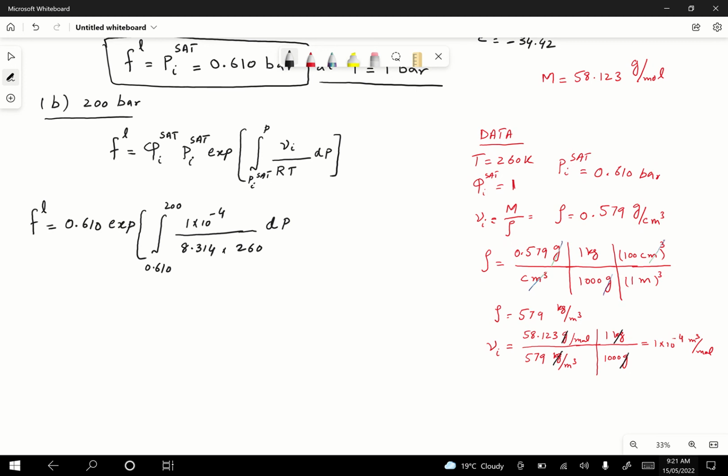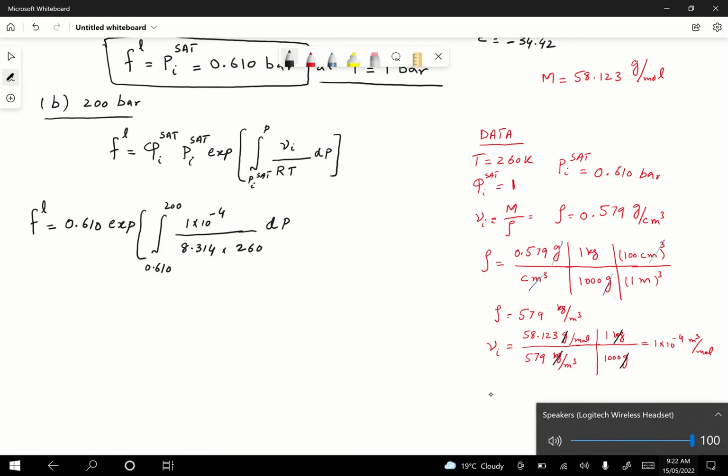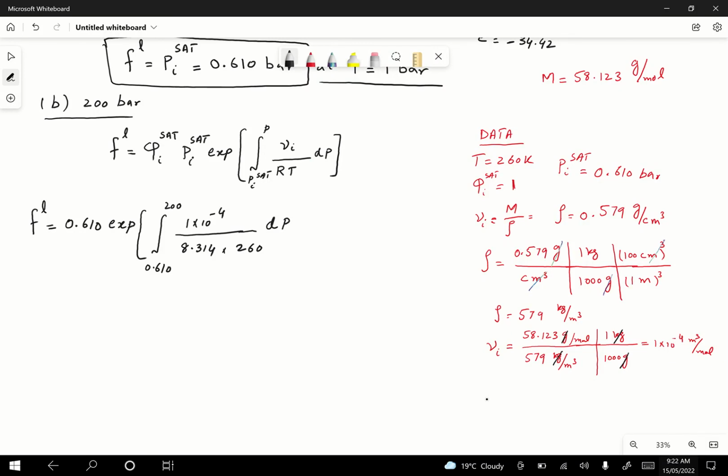But remember, pressure should be in Pascal. So the saturation pressure, 0.610 bar, is equal to 0.610 multiplied by 10 to raise power 5 Pascal.